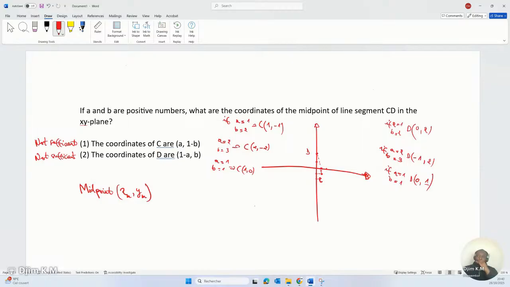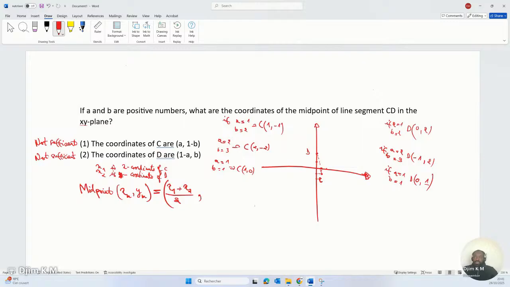If you want to get the midpoint coordinates between two points, here between C and D, we have xm equal to x1 plus x2 divided by 2, where x1 is the x coordinate of C, and x2 is the x coordinate of D.